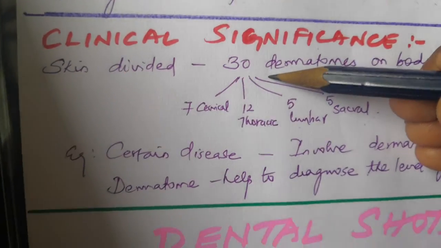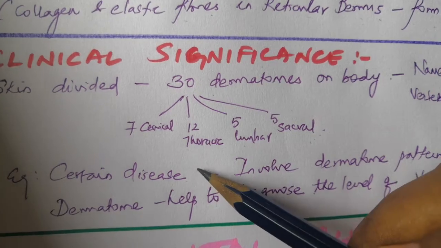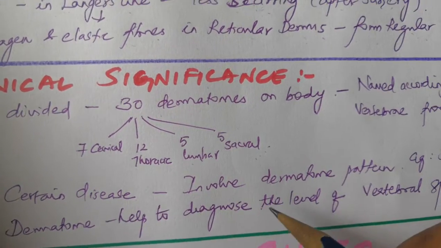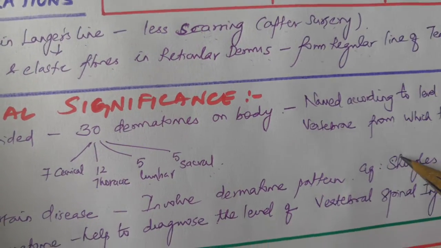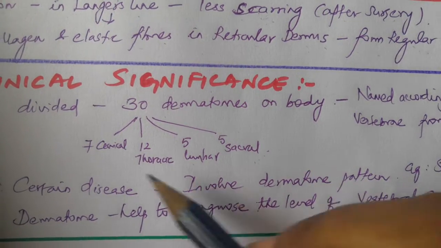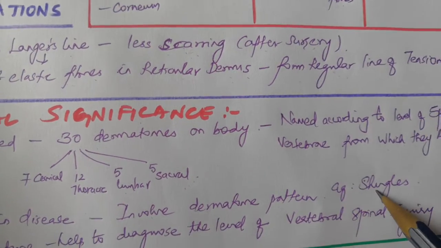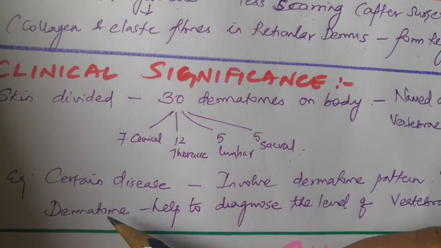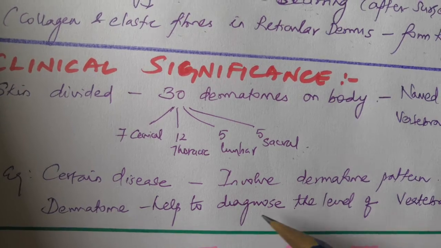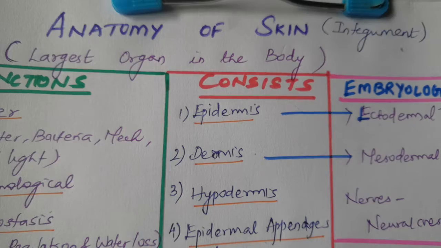So, what is the clinical significance? Certain diseases, for example, herpes, shingles, will involve only certain dermatomes. Okay, certain disease involves a particular dermatome, example shingles. Okay, and dermatome helps to diagnose the level of vertebral spinal injury.